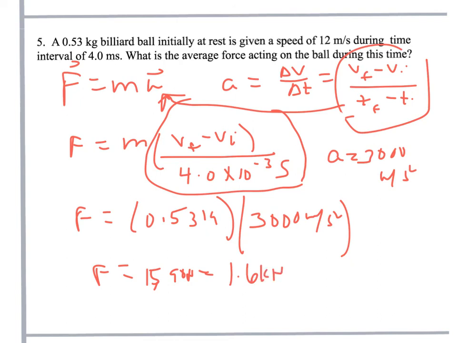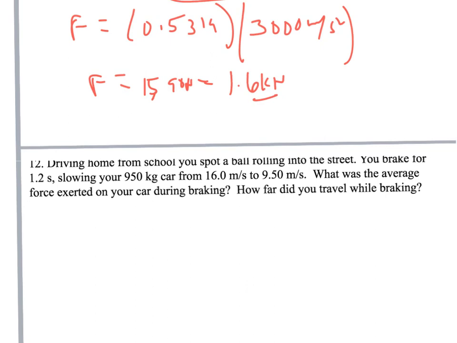So we found the average force is 1.6 kilonewtons, and we did that by utilizing our understanding of acceleration being change in velocity over time, and then inserting that into the F equals ma equation.